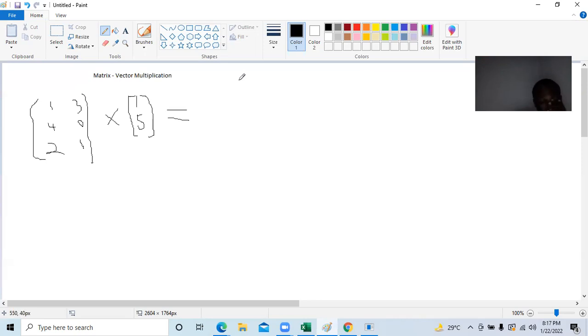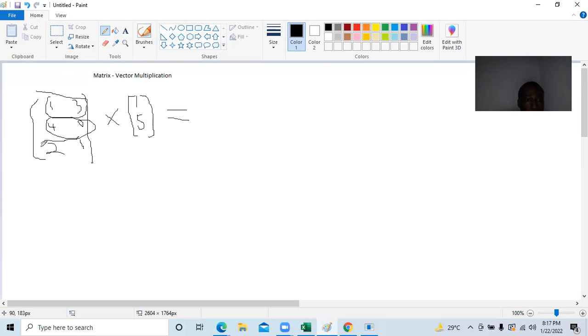So what we do is just like what we did in the last topic. We take what we have in this first plane and multiply it by 1 and 5. Then we take what is in the second plane and multiply it by 1 and 5.